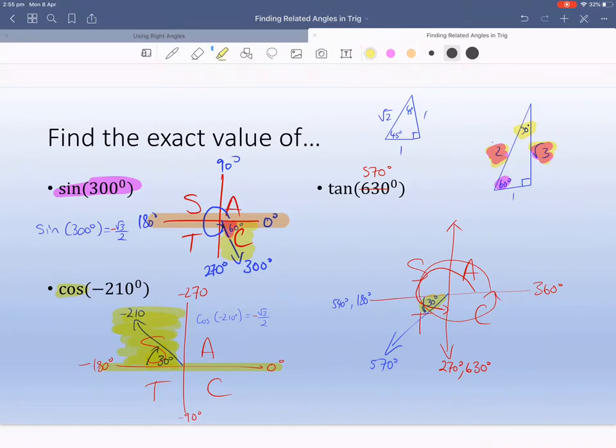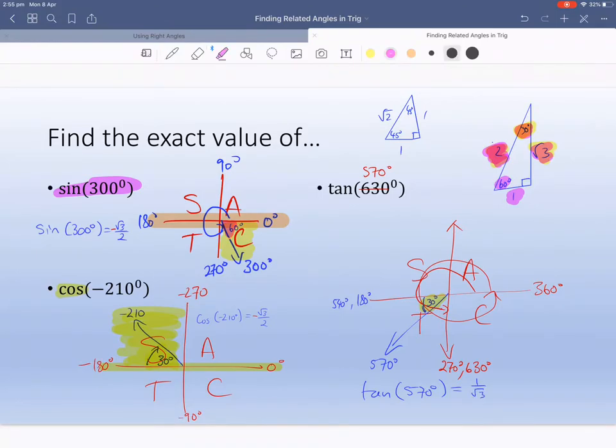But it's tan, okay? So tan 570, we're working with 30 degrees, is opposite over adjacent. So it's 1 over root 3.